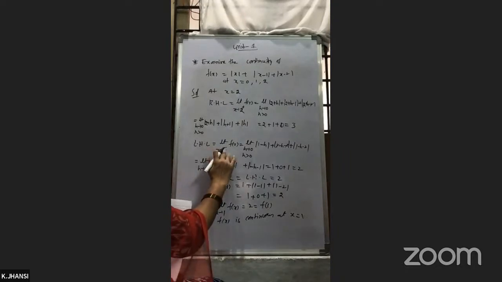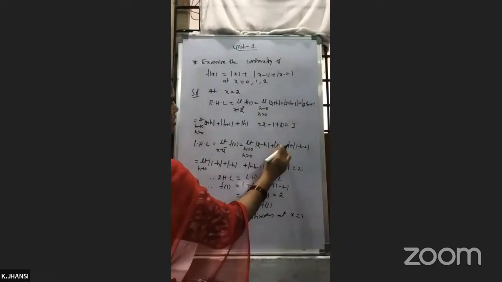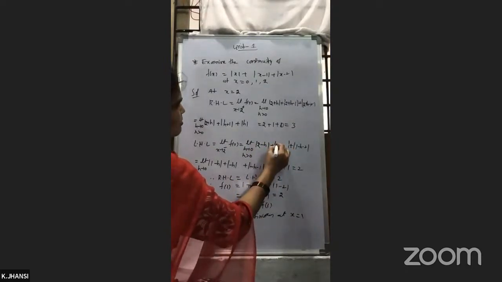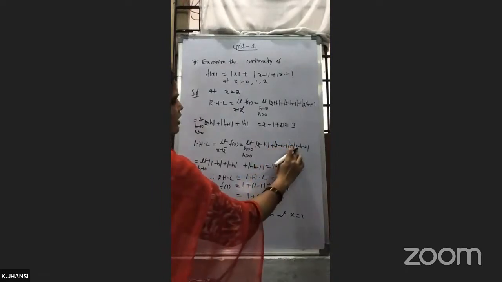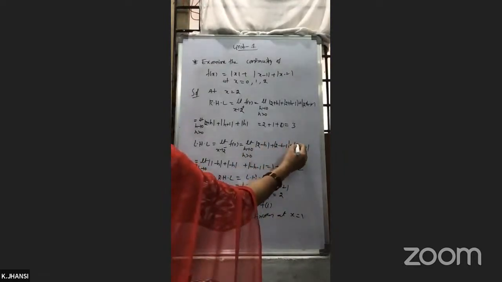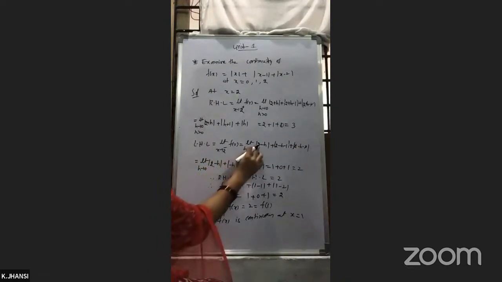And similarly, the LHL value: 2 minus h. This is 2 minus h. This is minus 1. And here 2 minus h minus 2. So this 2 and this 2 will get cancelled. So we got here 2 minus h.